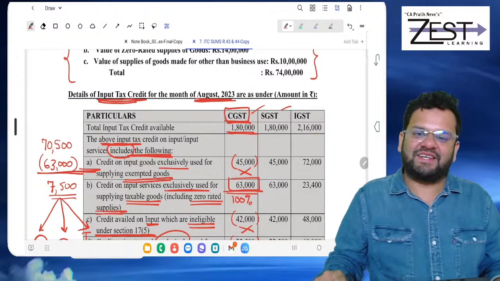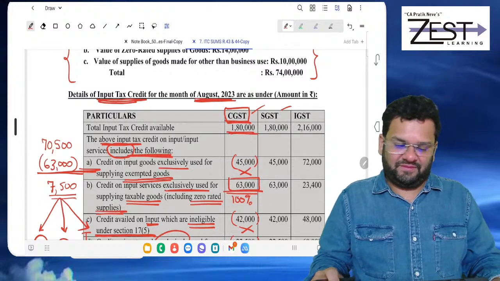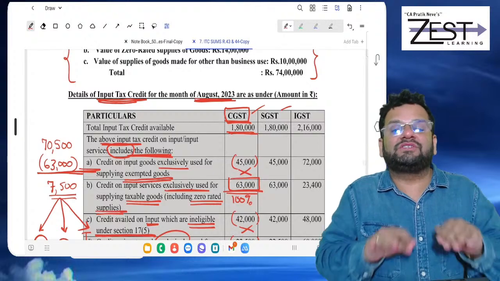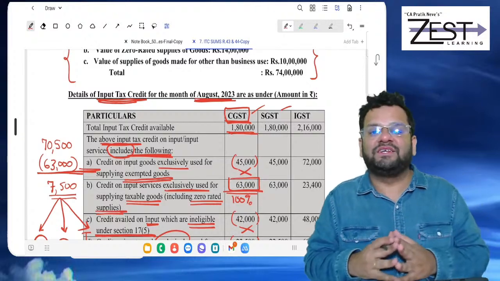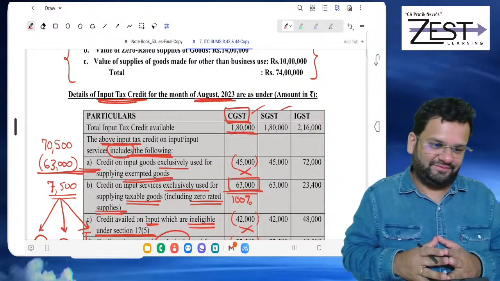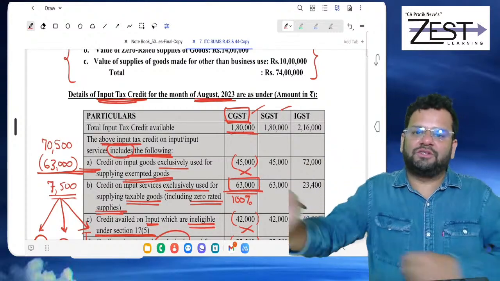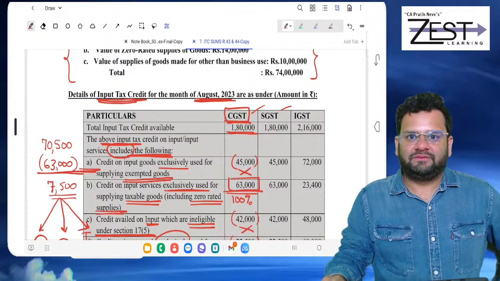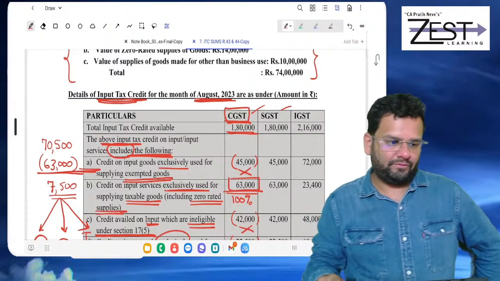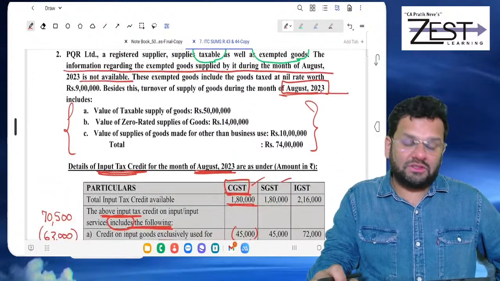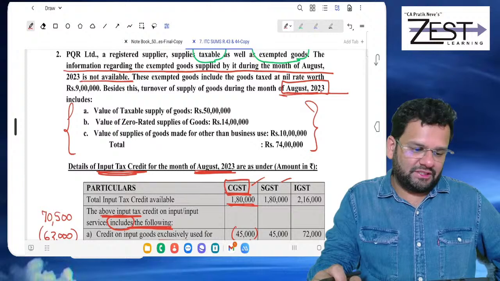Did you understand? Tell me, because rule number 42 is done with this. I'll be happy to know whether you have understood this, because now we have to go for systematic presentation of this.